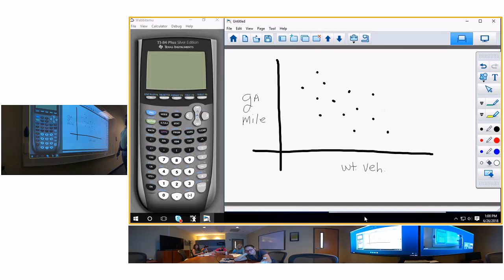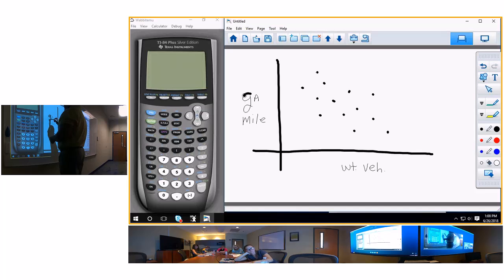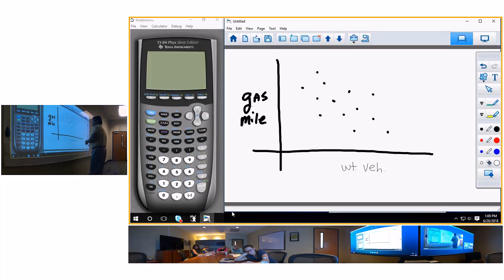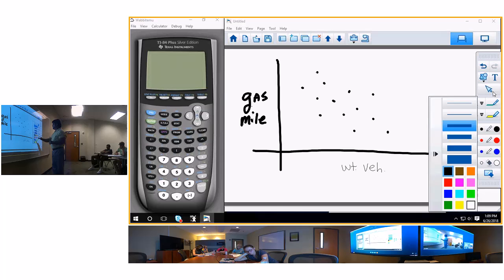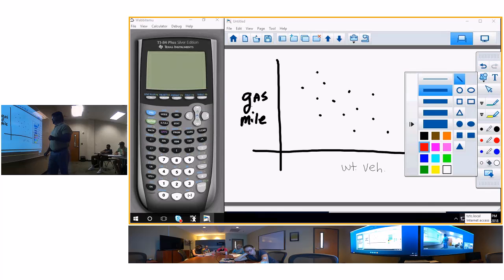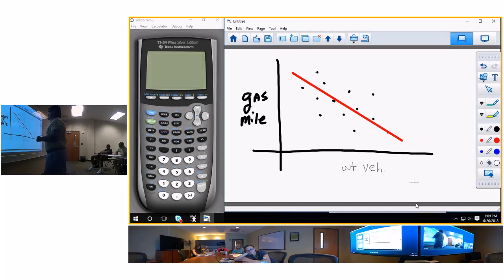Like that. And basically the question would say, find the line of regression. Now, you could eyeball it, and most of the time your eyeballs will treat you right. Because if I was to draw a line of regression on this one, I would draw it probably somewhere right along there.